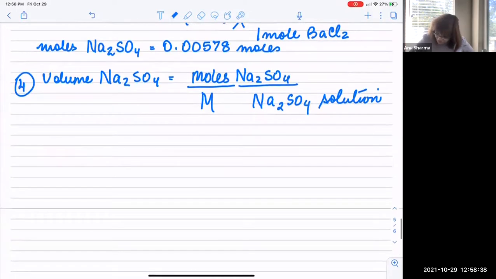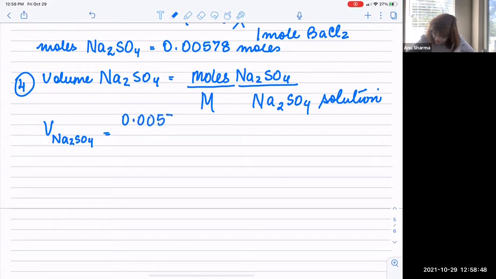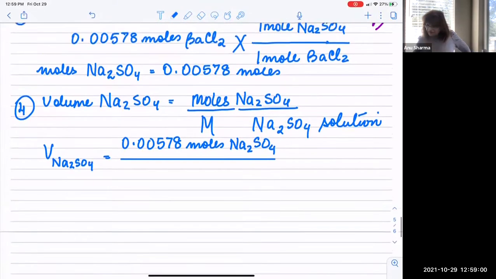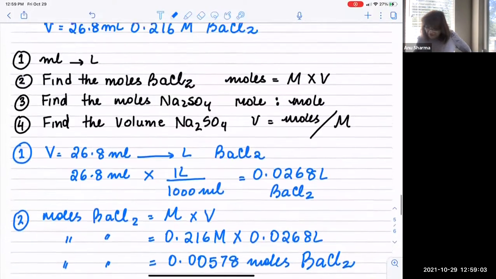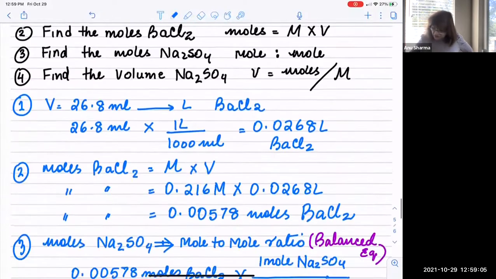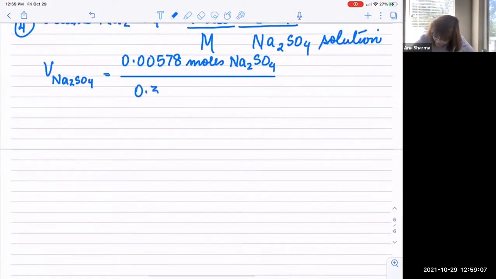So the volume of Na2SO4 is equal to the moles, 0.00578 moles, divided by the molarity, and the given molarity in this case is 0.330 molar Na2SO4.